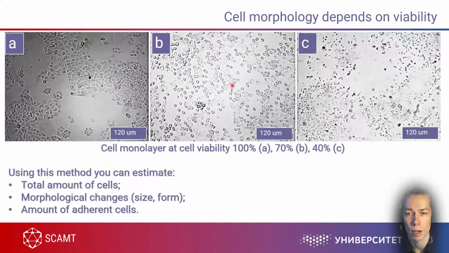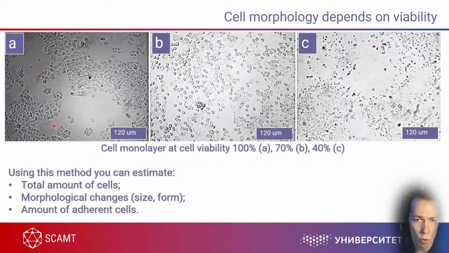For example, these are 3 pictures of the same cell culture at different stages of survival. 100% viability, a perfectly healthy cell culture, 70% viability, and 40% viability. What are the main differences here? It's an adherent cell culture, so all of the cells should be adhered to the surface of the Petri dish or culture flask.